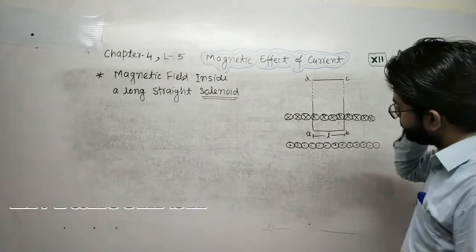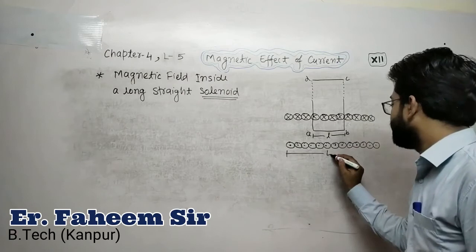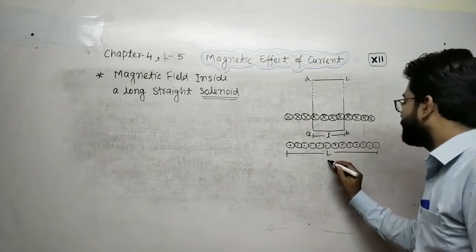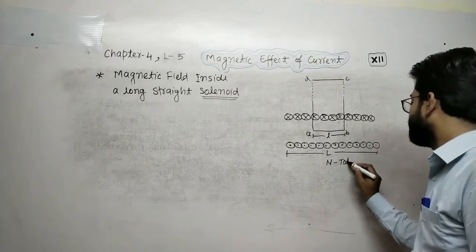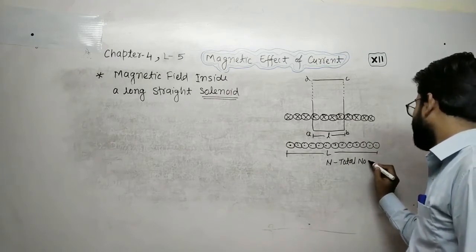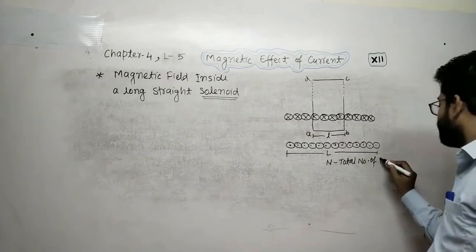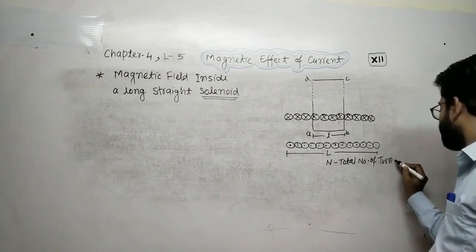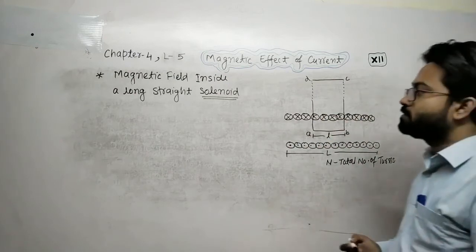You will see that this is the capital L, and capital N is the total number of turns. How many turns are there in the solenoid?